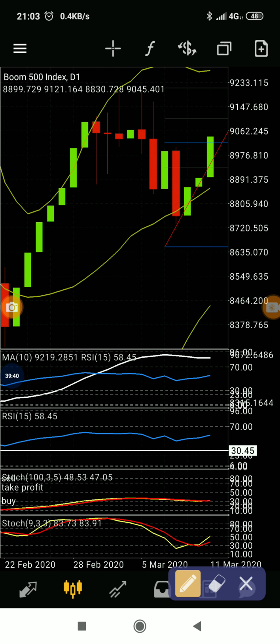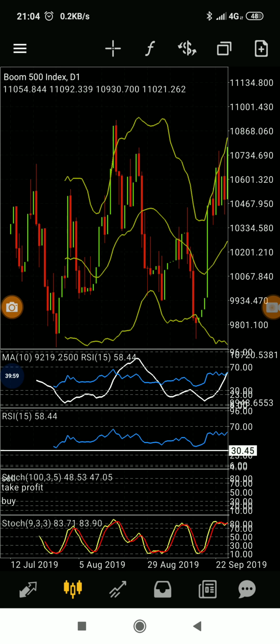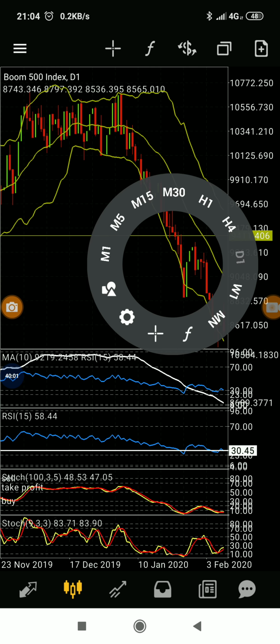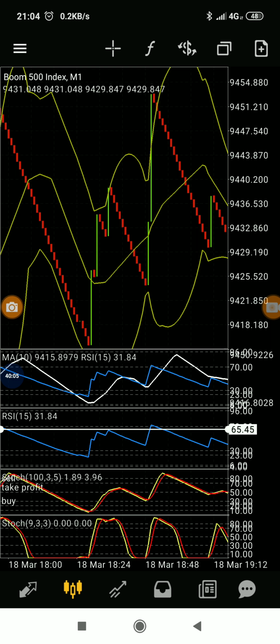If you are on a major support, you can buy Boom. I will not be talking about this. Let me go back to what I was explaining earlier.